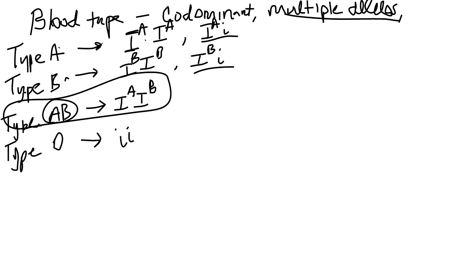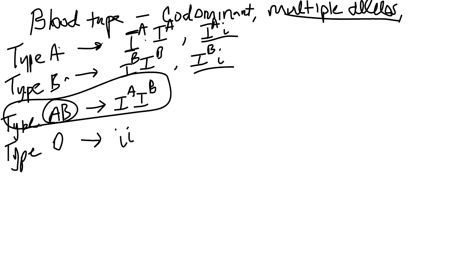So let's say a woman with type AB blood has a child with a man with type O blood.